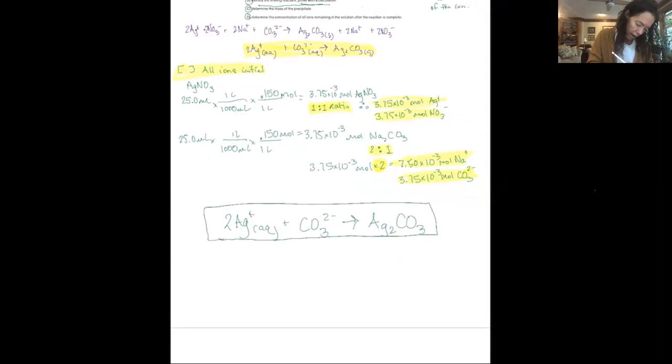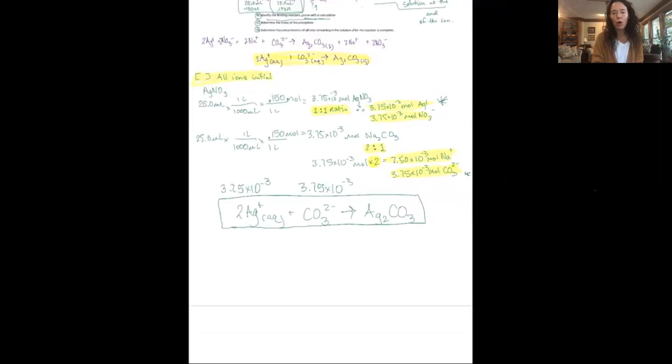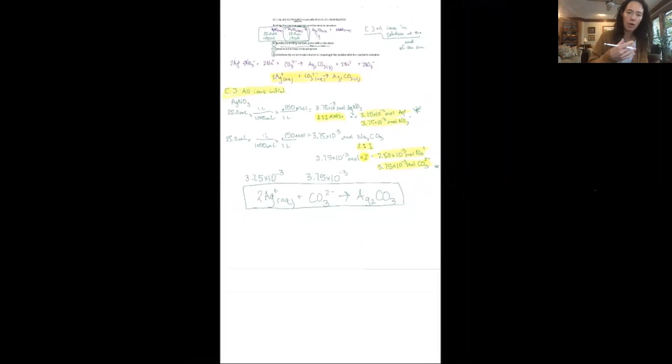I have silver ions, 3.75 times 10 to the negative third, and carbonate ions, right here, same number, 3.75 times 10 to the negative third. Well, I have to show my work, right? I can visually see right now what is my limiting reactant, because I see that every one requires 2.